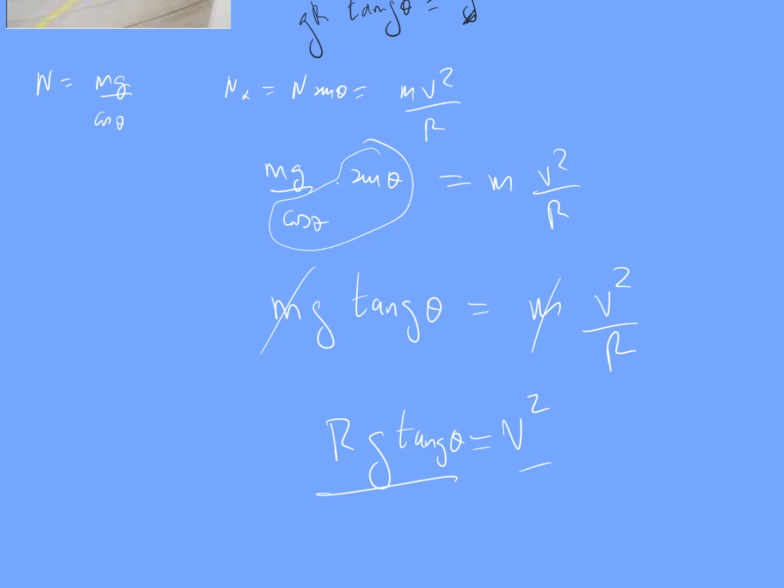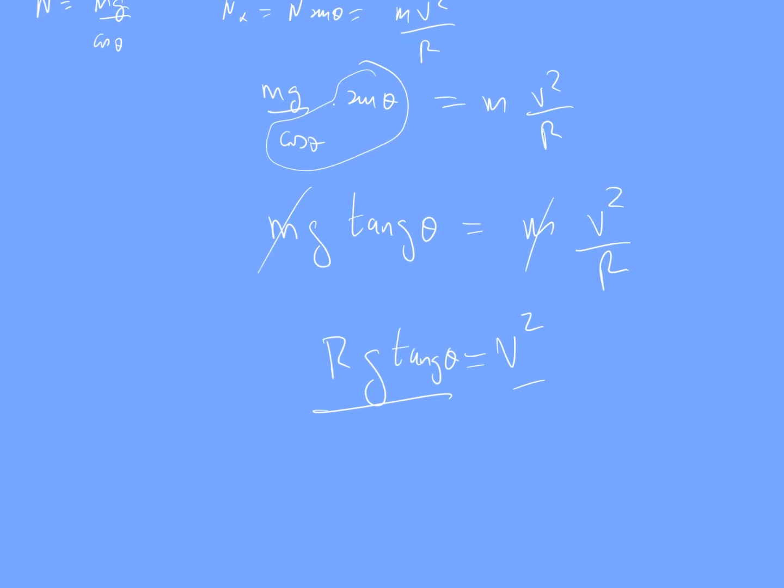The object will follow the vector nx. This force nx will make you produce a perfect circle. If you take it with a higher velocity, you are at risk. But at this velocity, v equals square root of r g tangent of theta, you are safe.